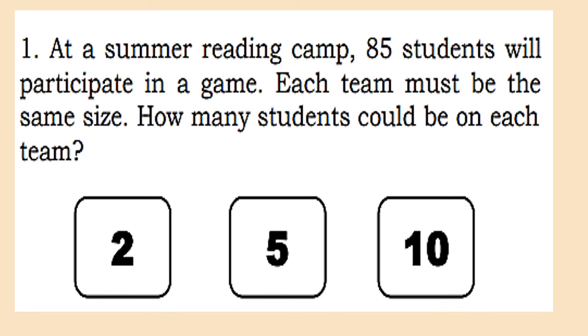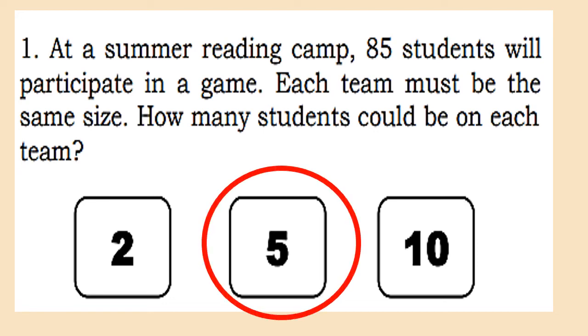So we have to know if 85 is divisible by 2, by 5, and 10. The choices are at the bottom. So what's your answer? Look at the last digit of 85. The last digit of 85 is 5. So it means 85 is divisible by 5. Okay, you're correct.